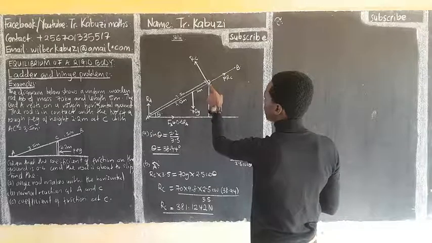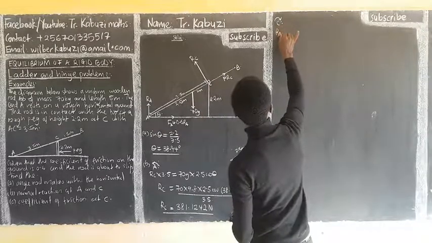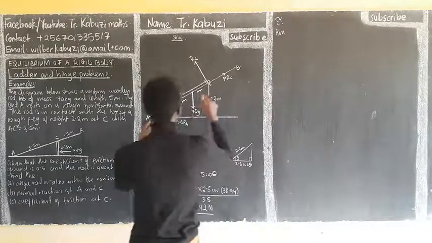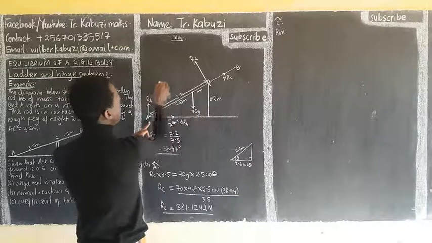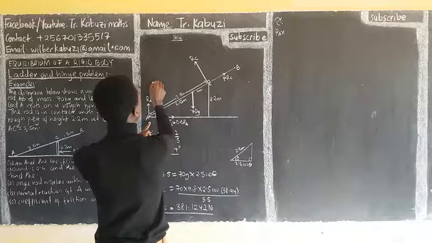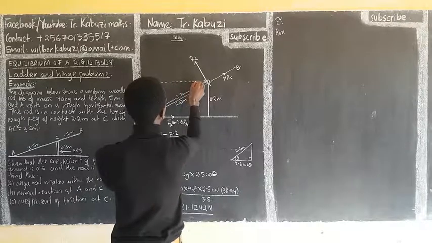So taking moments at C, I have first of all RA times its perpendicular distance from C. I can draw that.